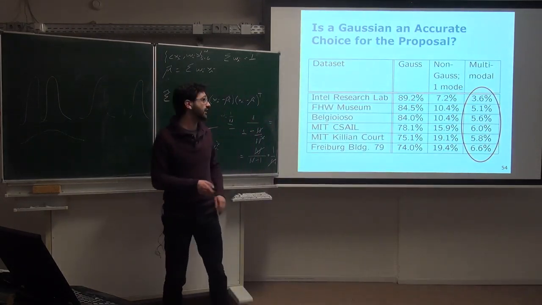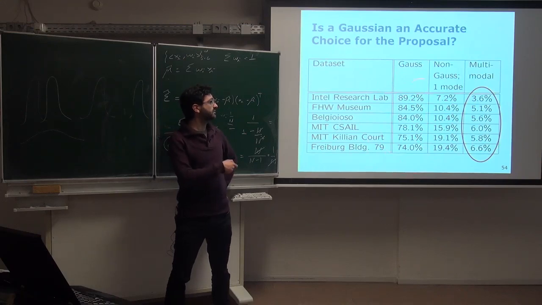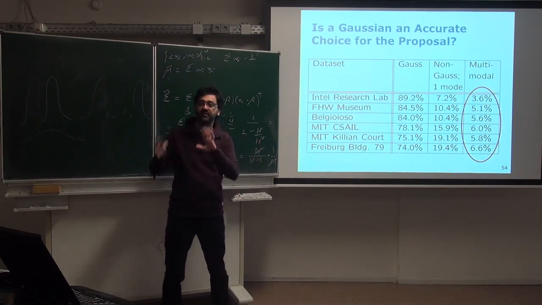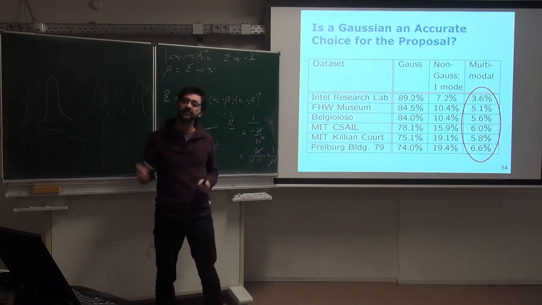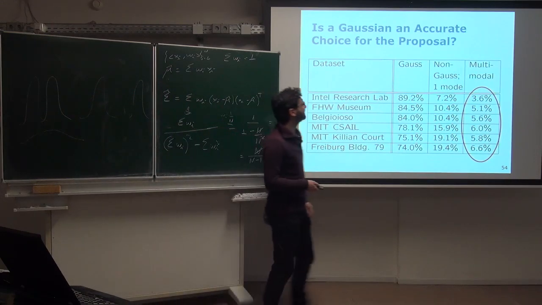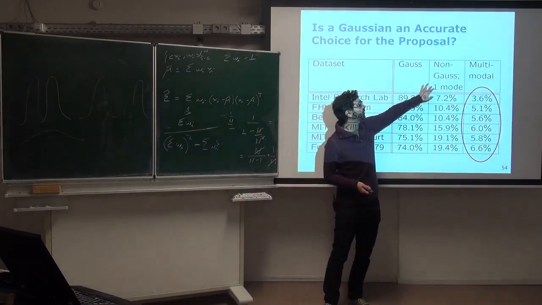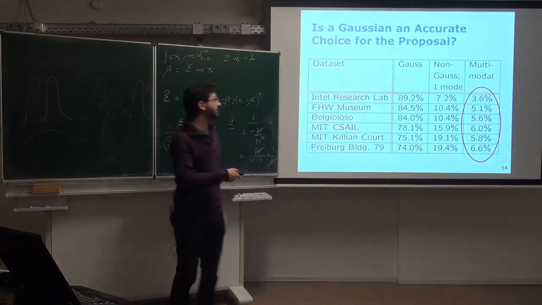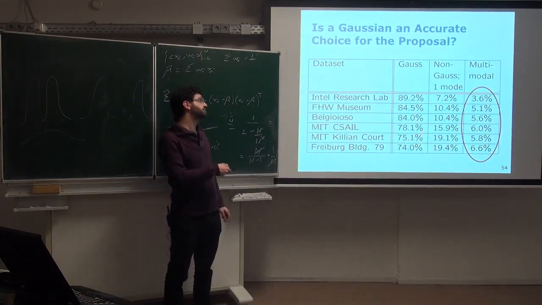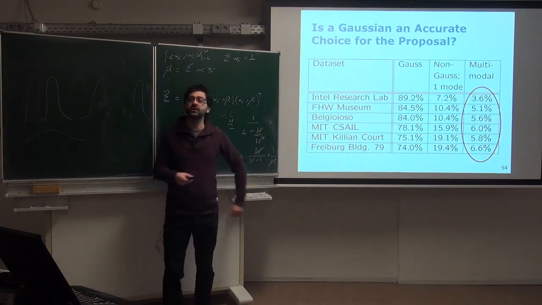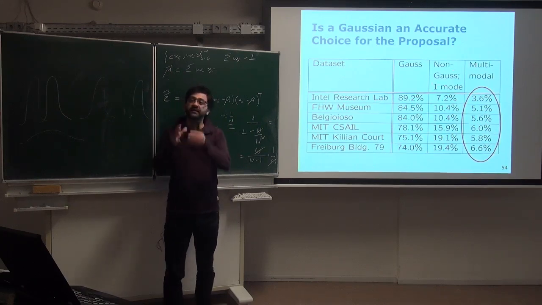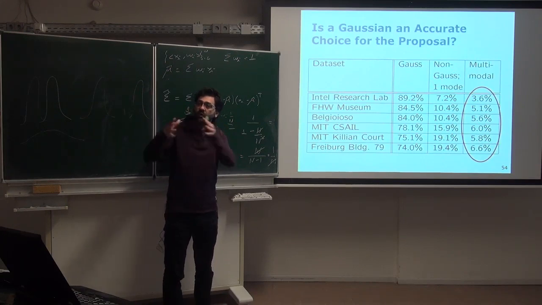So basically, in general, the Gaussian distribution is a very reasonable approximation in roughly 75% or 80% of the cases. In some other cases, you can see that it's non-Gaussian, but it's still unimodal, which basically means in these cases we can still live with the Gaussian approximation, and to be sure, we can just inflate the variance a bit so that we cover also the rest.